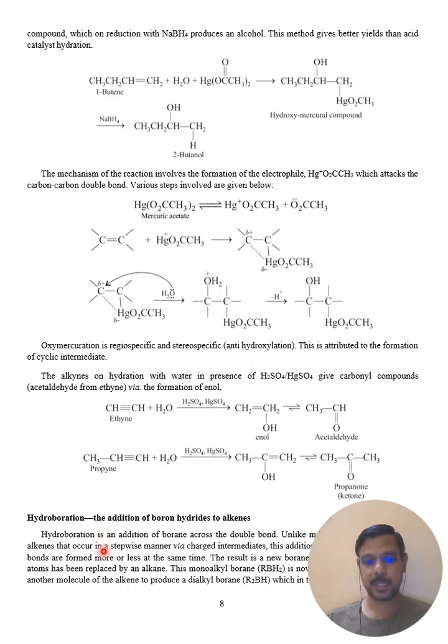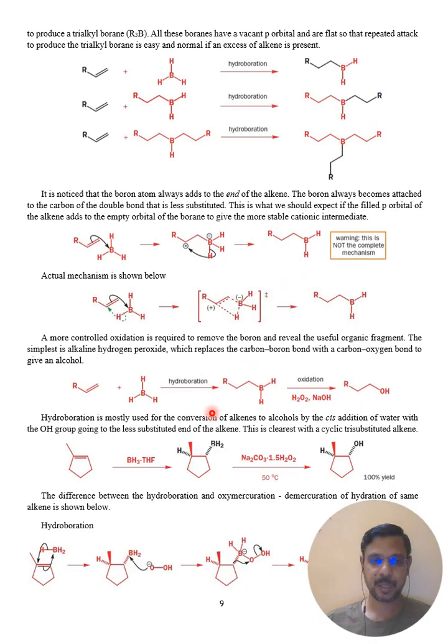And another important reaction is hydroboration, right? Hydroboration is one of the very important reactions where we can add alcohol. The important thing is that this is the only reaction where we can get alcohol formation with the anti-Markovnikov product. Okay, so that we see. So here is the borane, diborane, right? Boron compound.